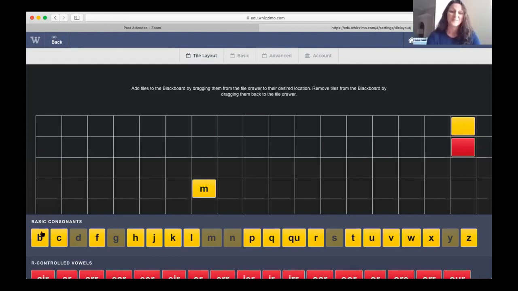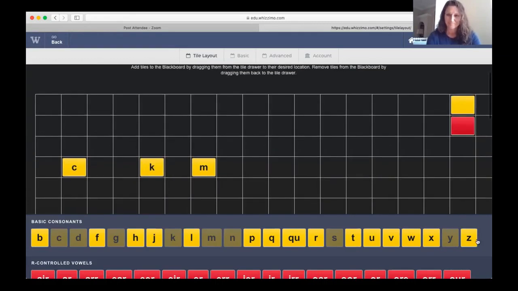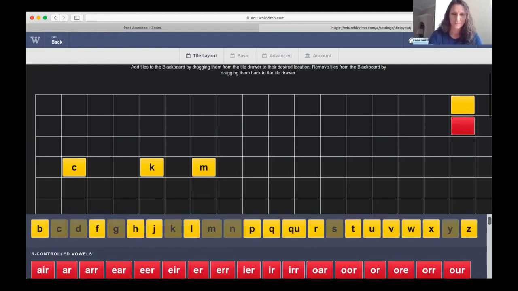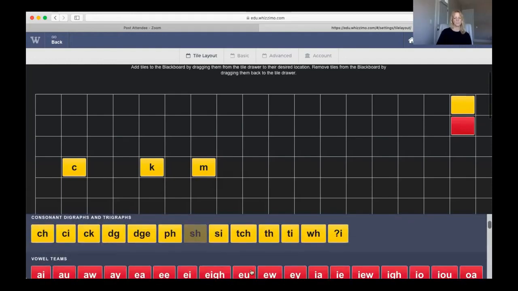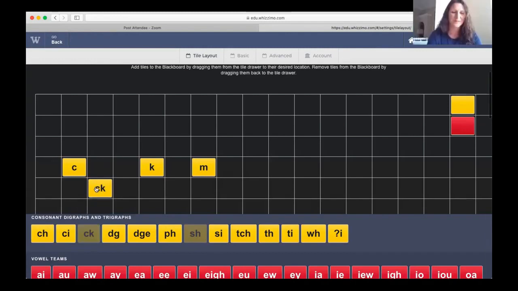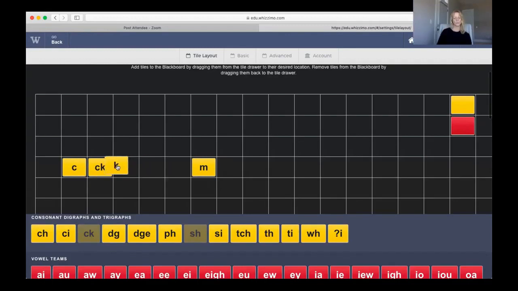You know 3 ways to spell K. C, K, and you can even put them side by side if you want to. That would be helpful. You know, kind of cluster them together if you want to do that.